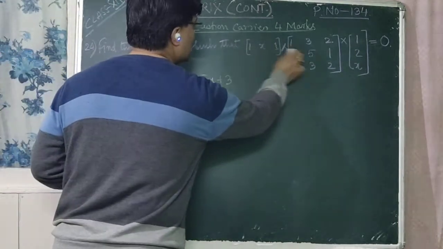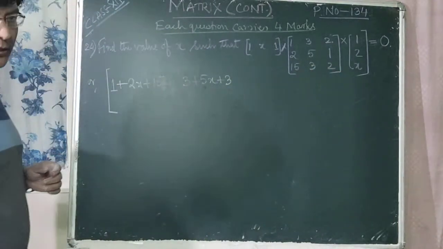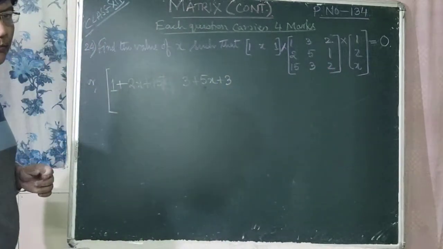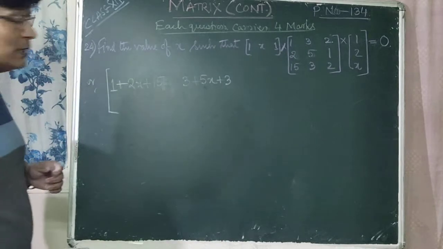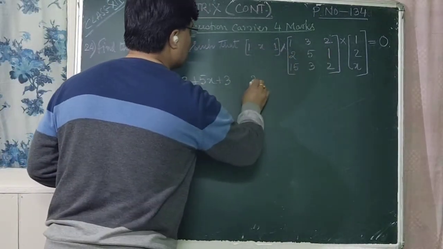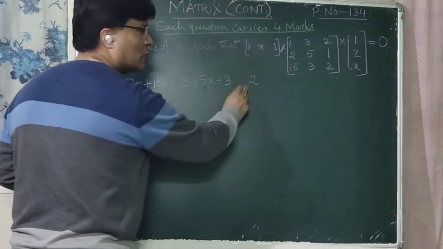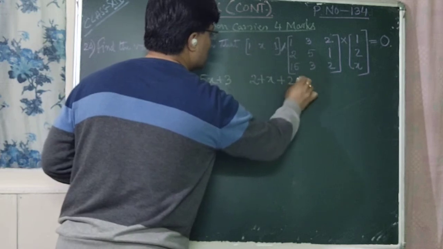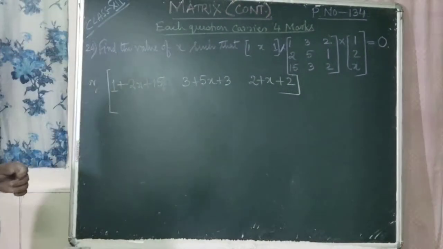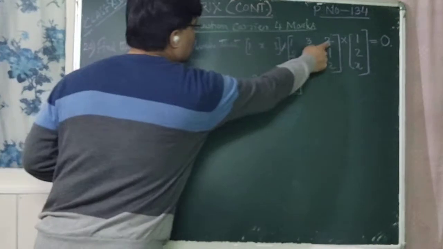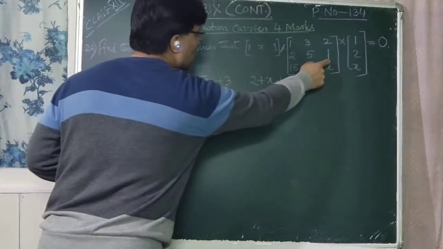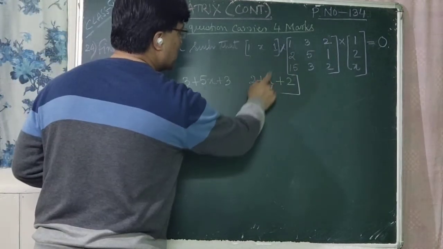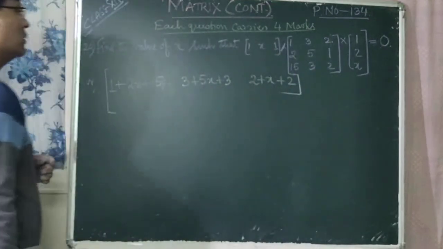This first row should be multiplied by the third column, and corresponding elements should be multiplied. So 1 2s are 2, plus x 1s are x, plus 1 2s are 2.